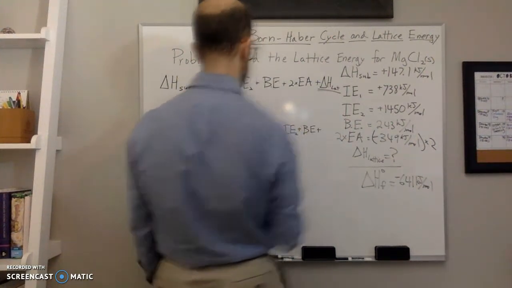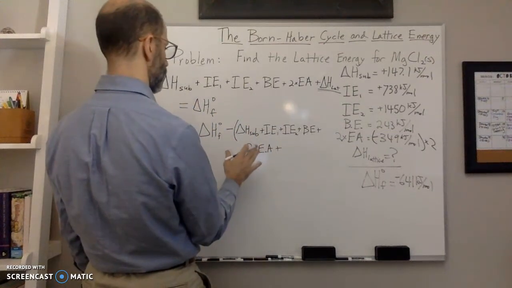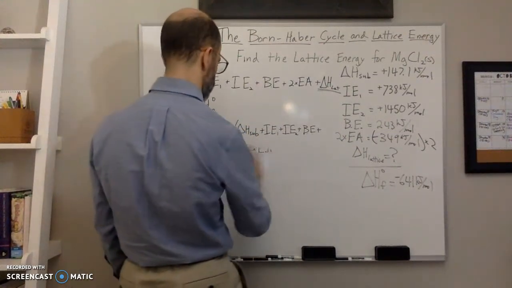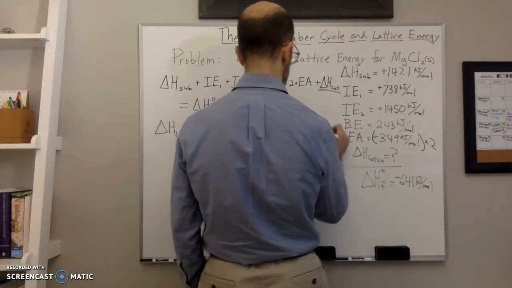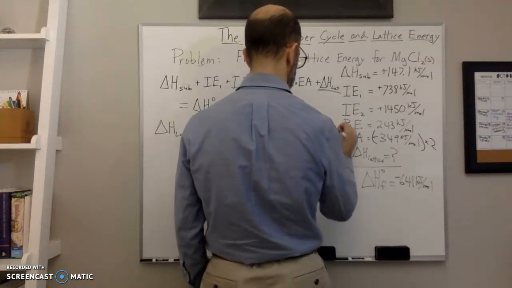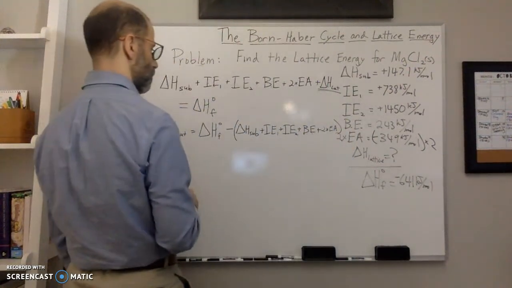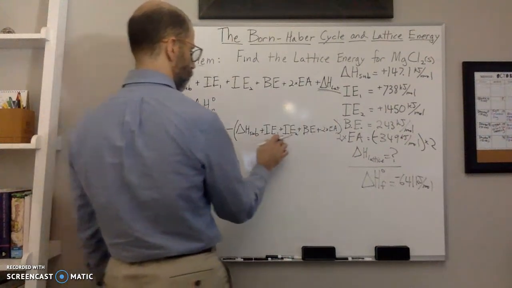Oops, do I need anything else? I think that's it. So let me write that in here. 2 times the electron affinity. So I got 1, 2, 3, 4, 5, 6, 7.